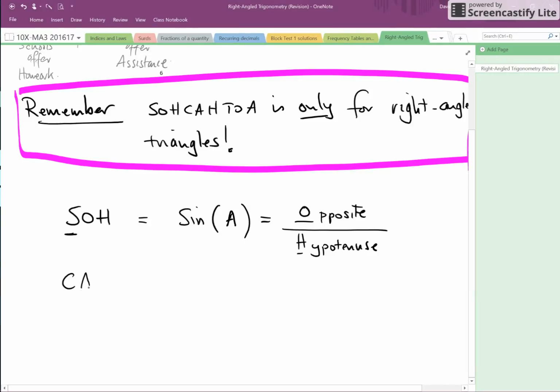And for KA, the C stands for cosine. Cos or cosine of an angle is equal to A, stands for adjacent, and again H stands for hypotenuse.